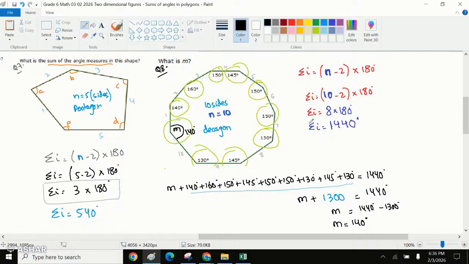This sigma sign means sum, and I meant interior. So we can read this as sum of interior, right? It was 1440. So when we add the 10 angles, it should be equal to 1440. One of the angles was missing. Okay, very good. Thank you.